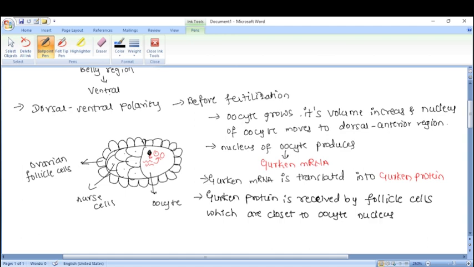That is, this gurken protein will be received by the follicle cells which are nearer to the oocyte nucleus.